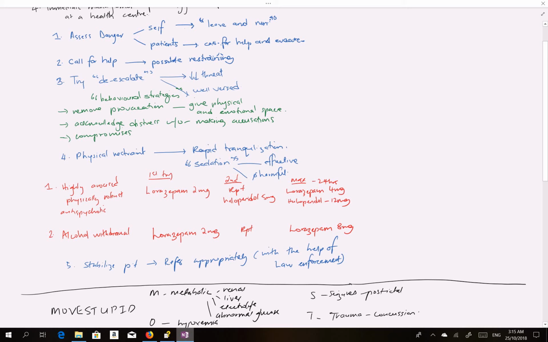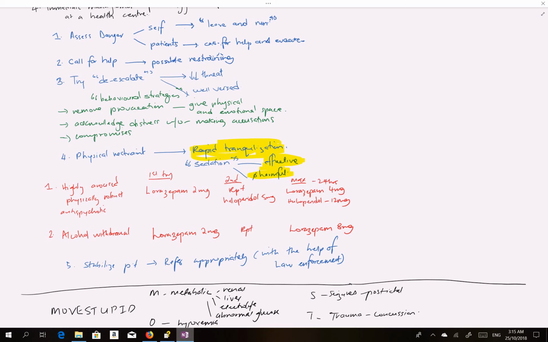Once you've restrained, you should opt for rapid tranquilization, and this is basically sedation. The important thing to remember about sedation is that it should be effective, but at the same time it shouldn't be harmful. What we worry about especially is respiratory distress if you're giving a sedative.